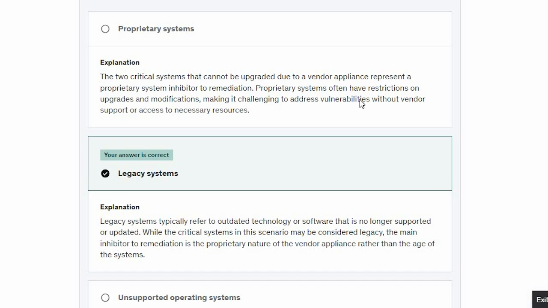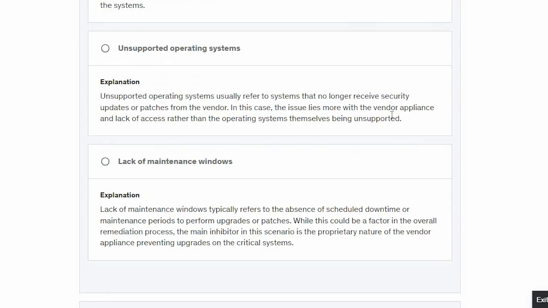Legacy system is correct. Unsupported operating system. Unsupported operating system usually refers to a system that no longer receives security updates or patches from the vendor. In this case, the issue lies more with the vendor appliance and the lack of access rather than the operating system itself being unsupported. So unsupported operating system is the wrong answer for this scenario.